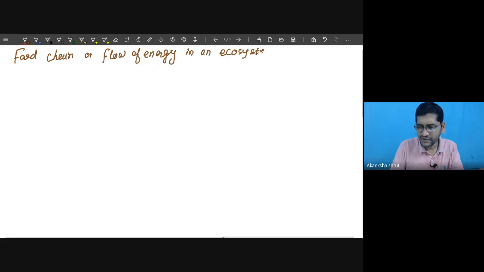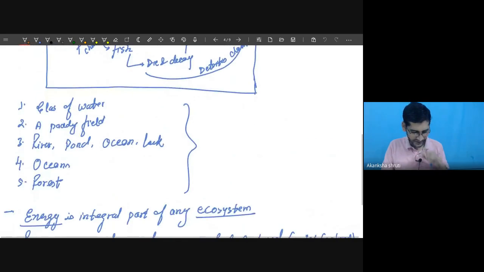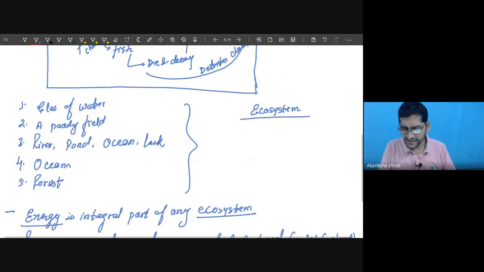Any kind of ecosystem you are considering, whether forest or aquatic or terrestrial, ecosystem may further be classified as aquatic and terrestrial, but those classifications are not in your book. That's why I am also avoiding. But if it is asked, then you may write like this: ecosystem may be classified as, here we are getting some of them existing in water medium, it is called the aquatic ecosystem.